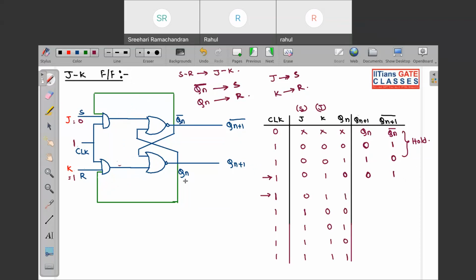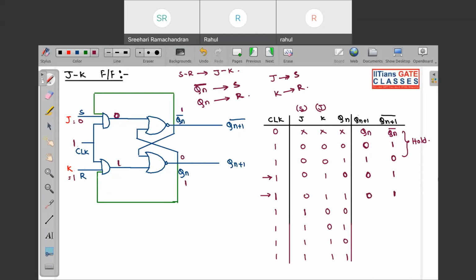So if this is 1, we will be getting 1 over here, and this is 1 1 1 and this is 0. The moment you get this as 1, this will be 0 and this will be 1. So still you can see this is 0, this is 1.